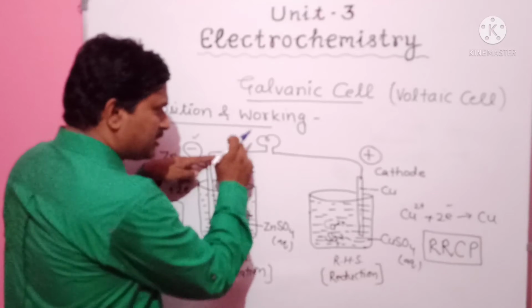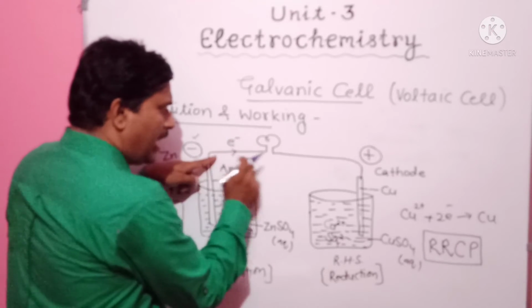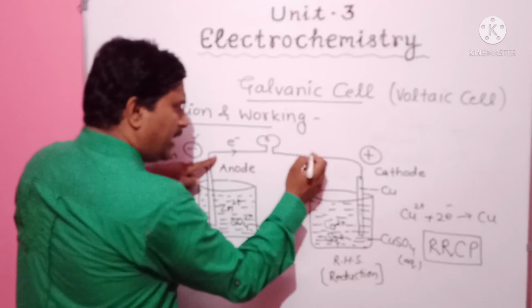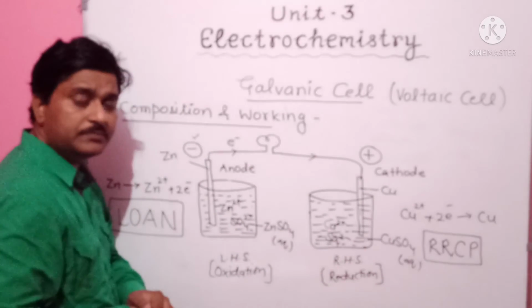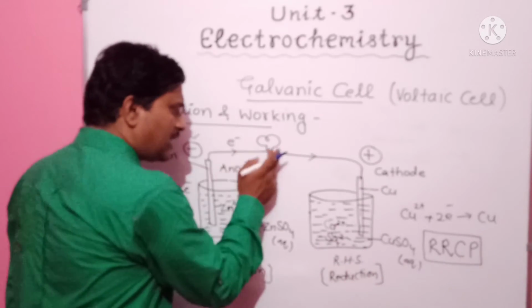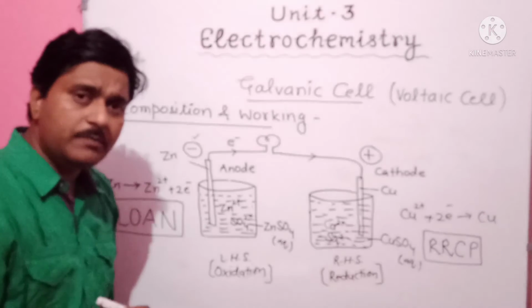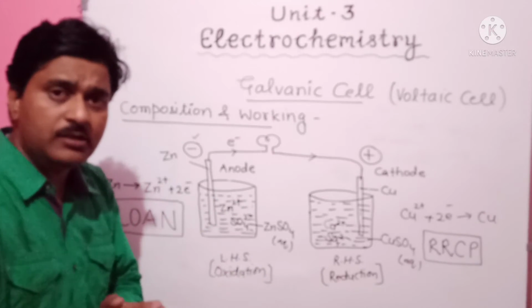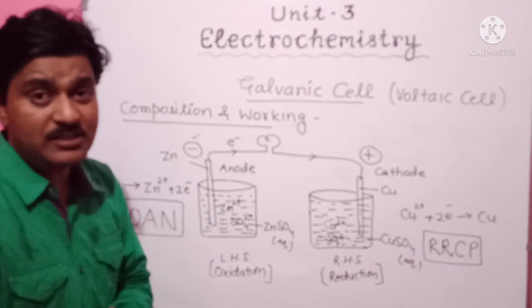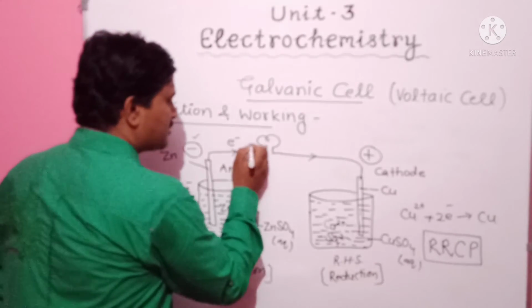These electrons start from the anode, pass through the bulb and go to the cathode. If electrons are in motion, that is known as electricity. So here the bulb starts to glow.